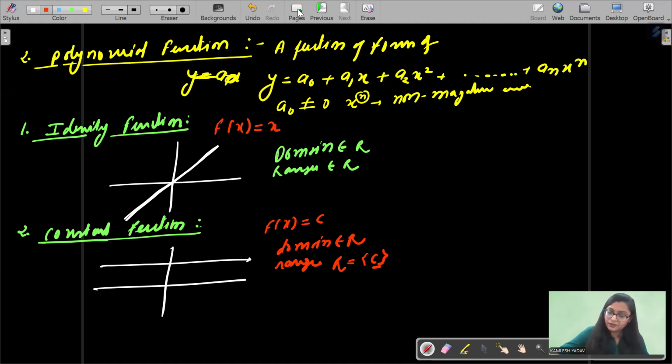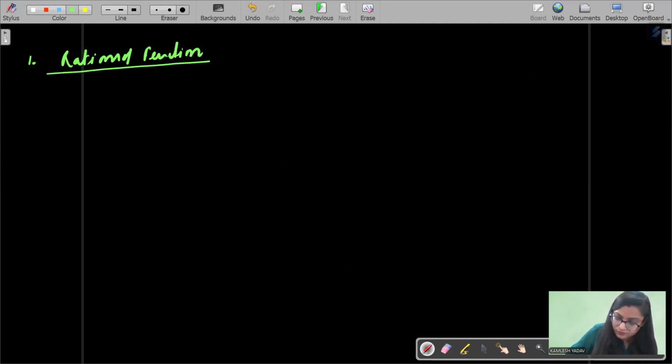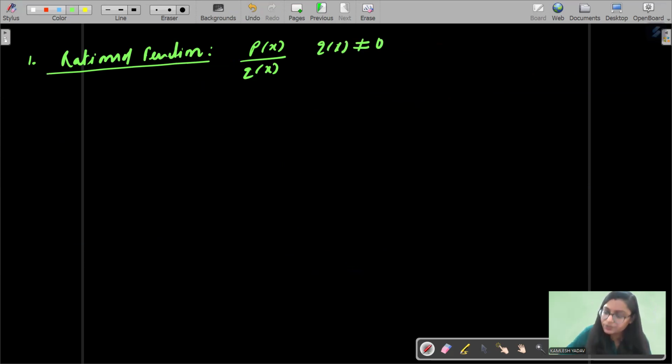Now, the next function is rational function. We already know that any function which can be written in the form p of x divided by q of x is called a rational function, where q of x is not equal to 0.